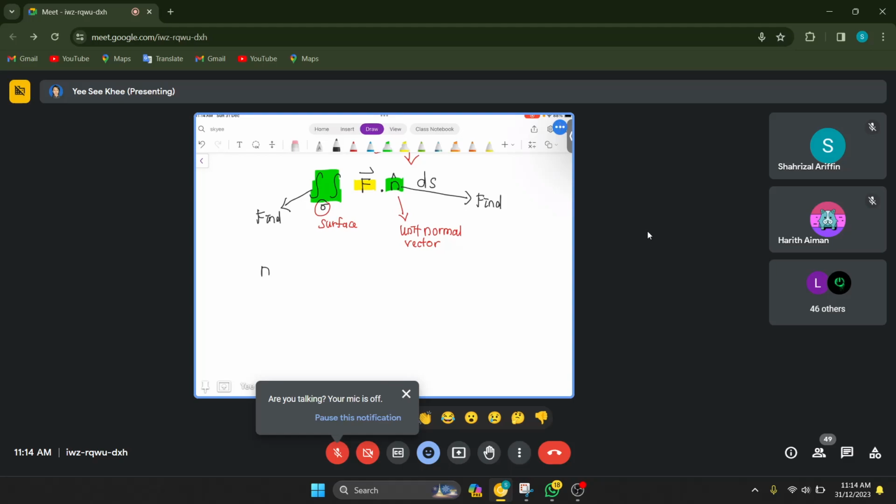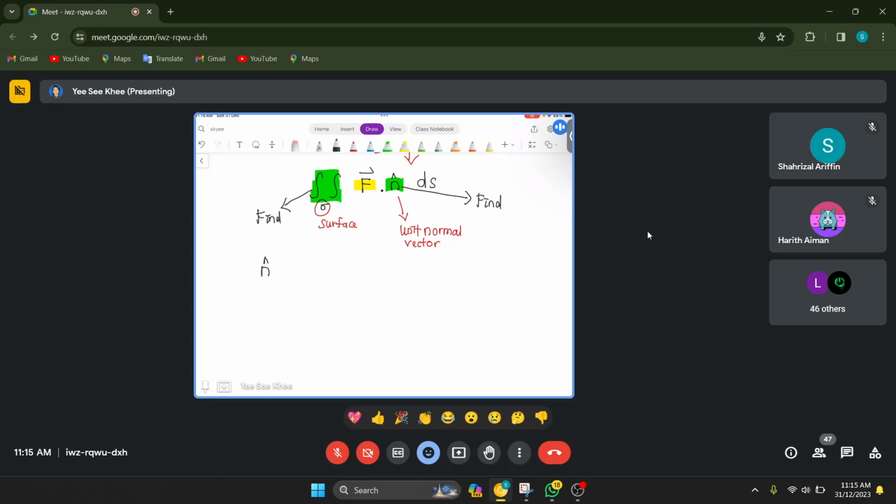Now let's look at what this unit normal vector is. You have two formulas for the unit normal vector, depending on whether your flux is oriented upward or downward.